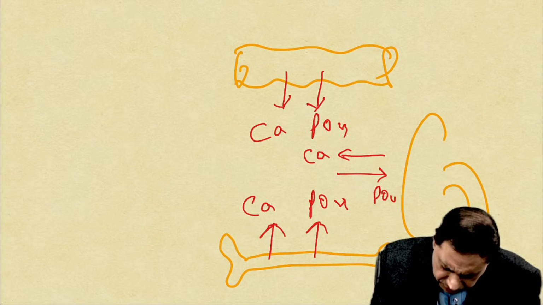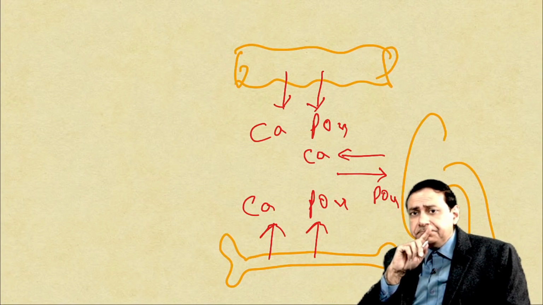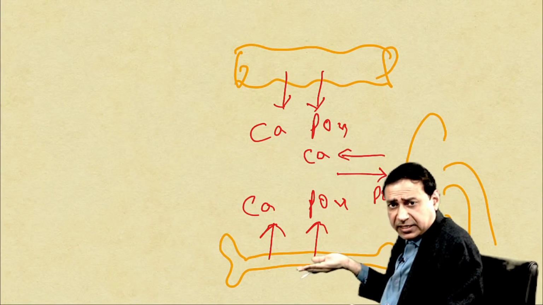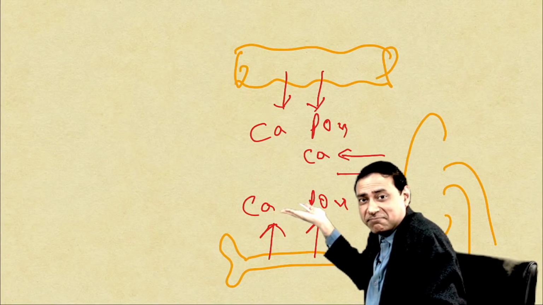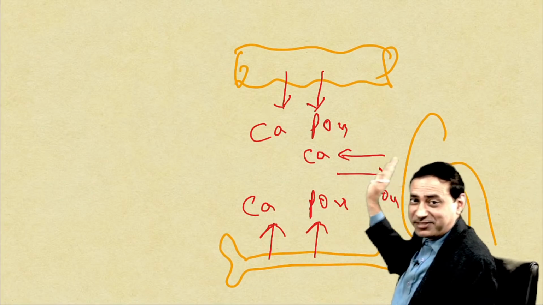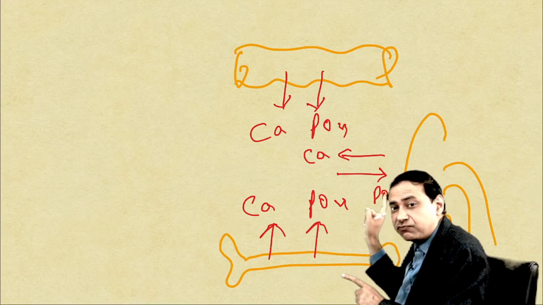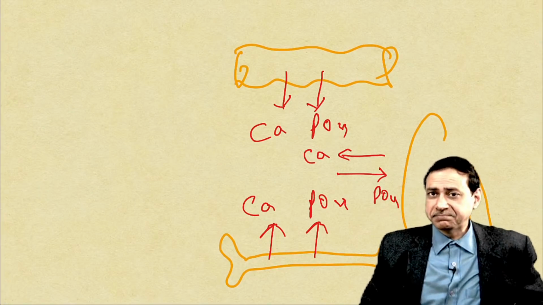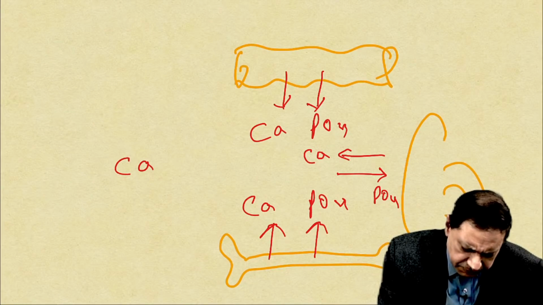It has a phosphaturic action. So this is the action of PTH. Calcium phosphate from intestine, absorption, dissolution from bone, but in kidney, calcium reabsorption, phosphate excretion. It has a phosphaturic action. Okay? So ultimately this will increase plasma calcium.